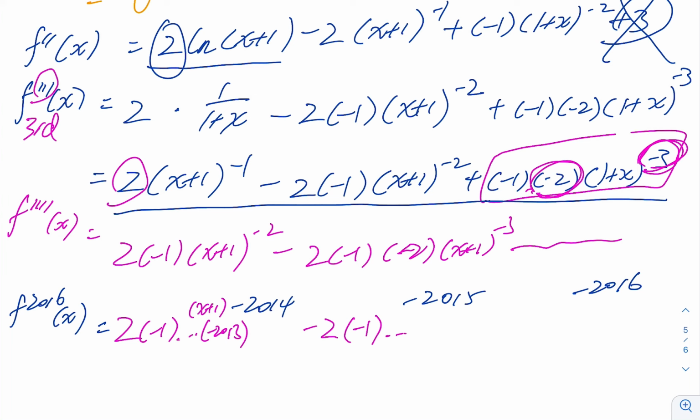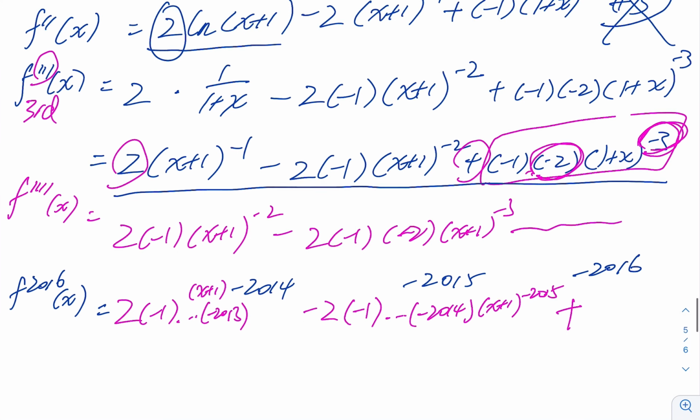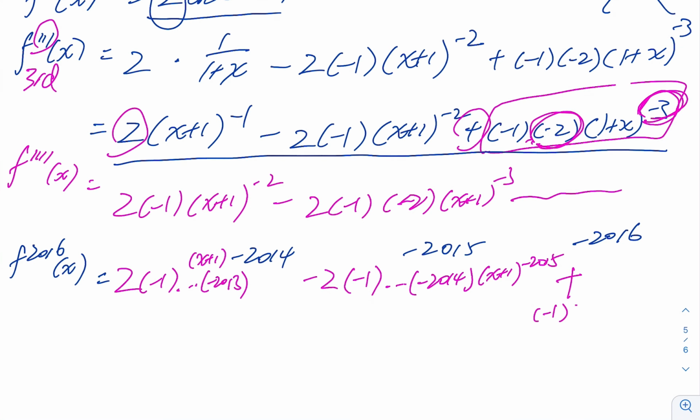Alright, I messed up. Okay, times minus 2014, then x plus 1 to the power of minus 2015. Then this is a plus here, so this is going to be minus 1, minus 2, minus 2015, then 1 plus x to the power of minus 2016.